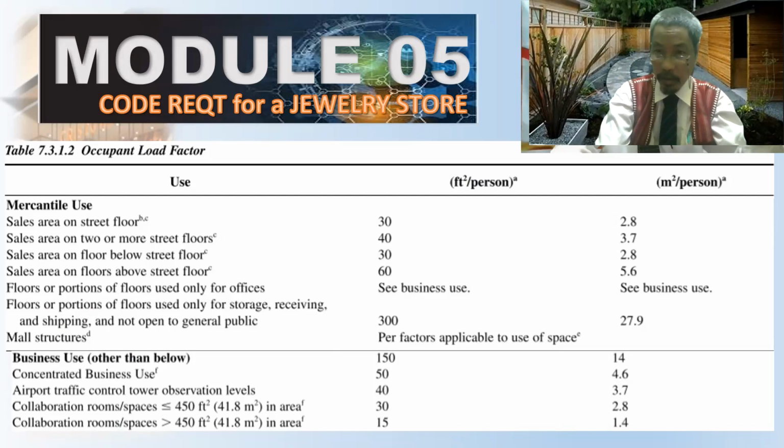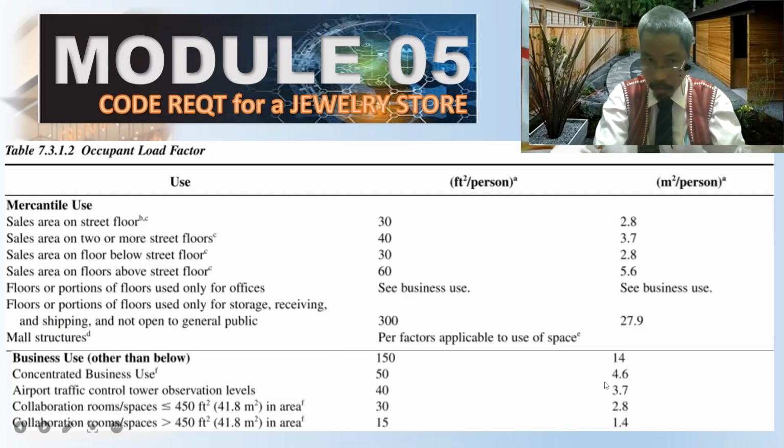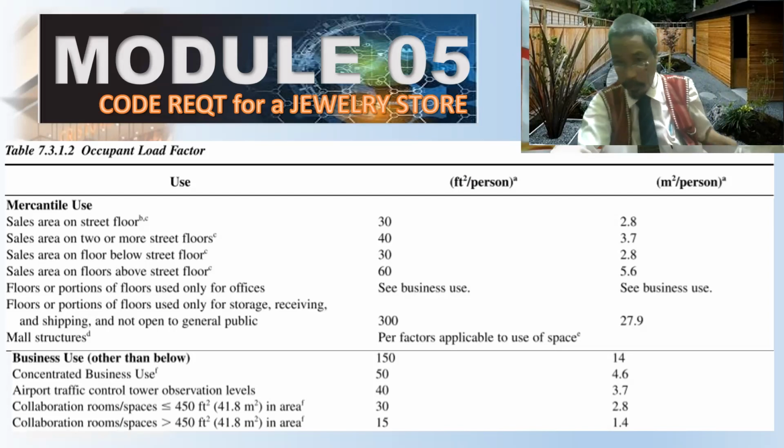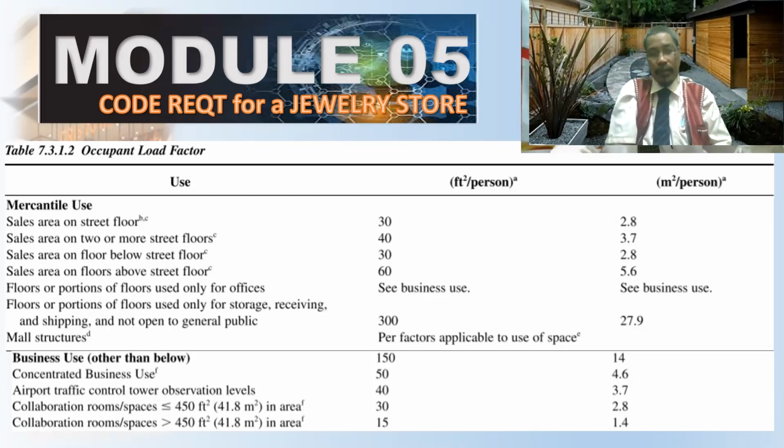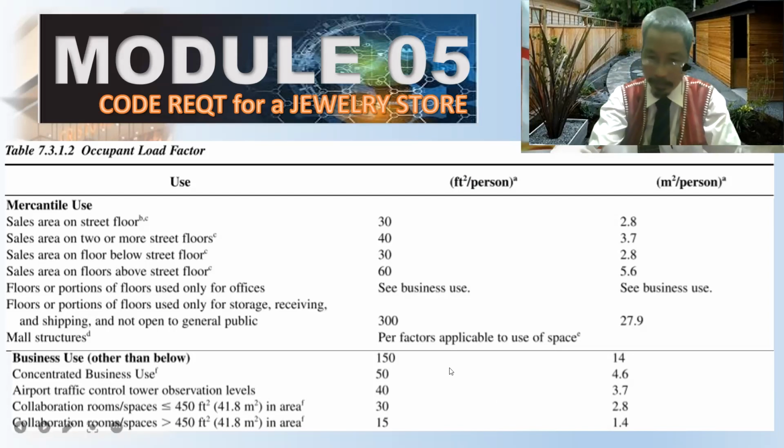So it may change the decision making on this. So you have to read all the fine prints. Okay, so we consider 4.6, but apparently because 5% is allocated for general business use, that is less than 41.8 in area. Okay, so that is 2.8.